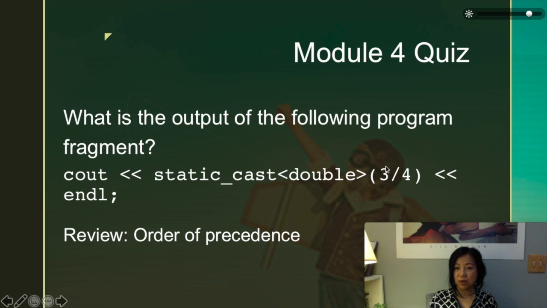And that's why this is 0 first, and then it got cast into a double, which is then 0.0. And that is the answer. If you have questions, maybe go review the order of precedence. I think that's important. But honestly, I looked at it, there's a parentheses here, so you know this is going to be executed first. So I think it's actually the math operator, the division, that people seem to have problems with. It's normal. I probably had the same problem when I started. So just review it, remember it, that's it.